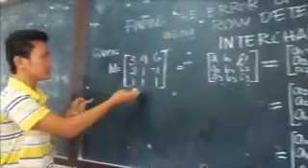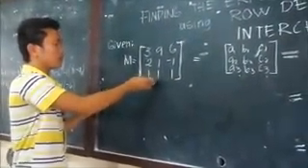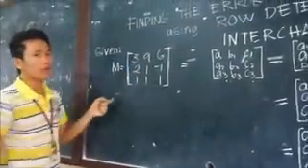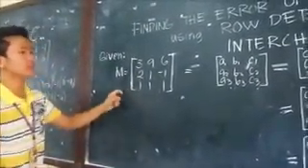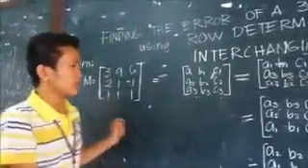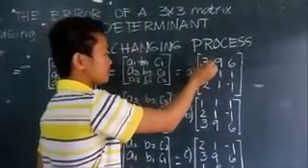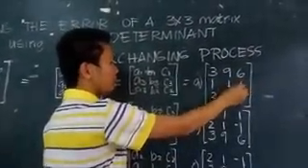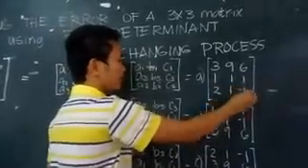Using the pattern that we made, we are going to apply the original set of matrix, which is, the result is 3, 9, 6, 1, 1, 1, 2, 1, negative 1.